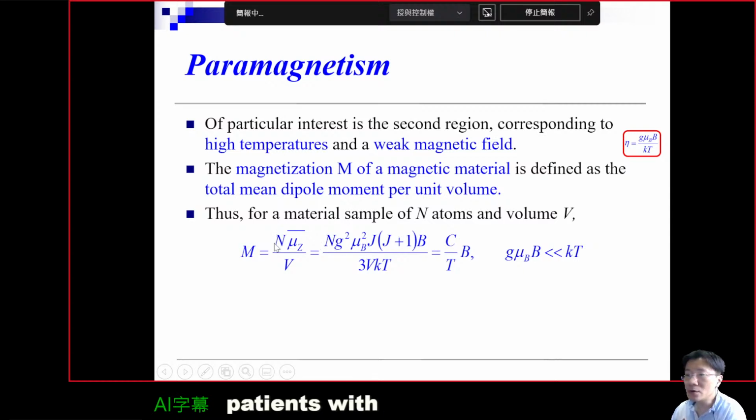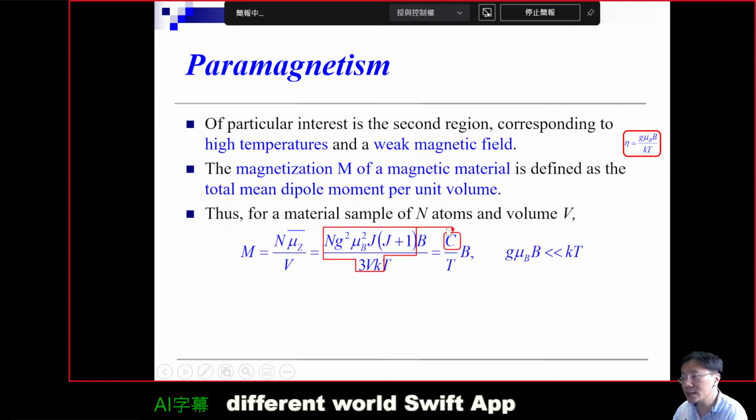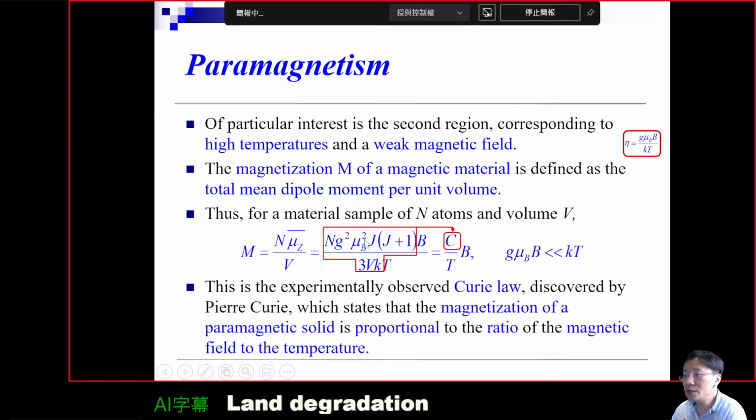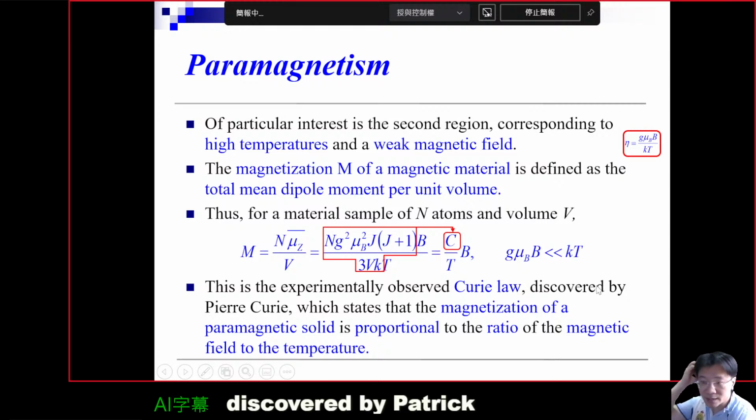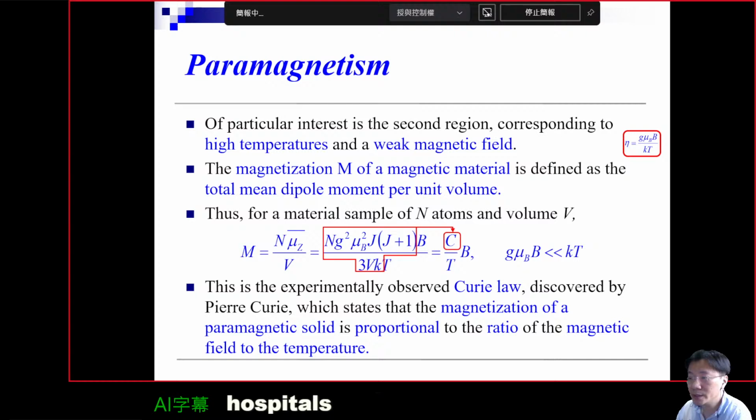So if we sum all of the mu z and divide by the volume, we will get the volume magnetization, which looks like this. If we put this parameter as a constant C, then we get the relation M equals C B over T. This is typically called the Curie law, which was discovered by Pierre Curie, the husband of Marie Curie.